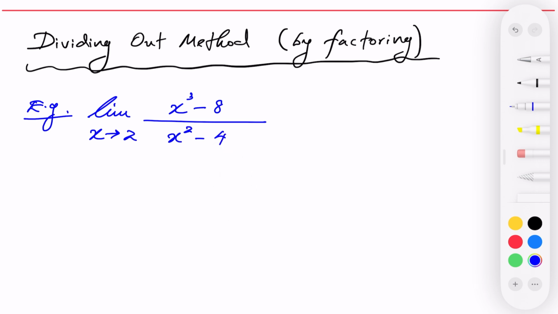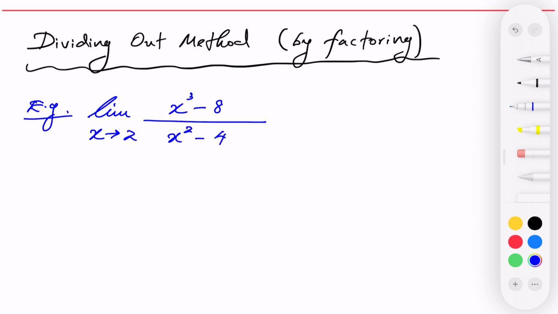Well, this was one of the questions that we already evaluated using the numerical method. But today you will see that this can also be evaluated by factoring. In fact, for this question, there are other methods also available to evaluate the limit. Today we are going to look at the dividing out method for this problem.